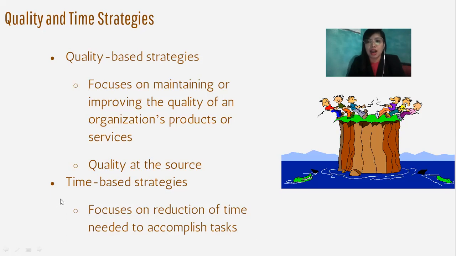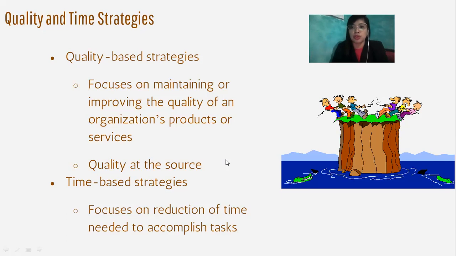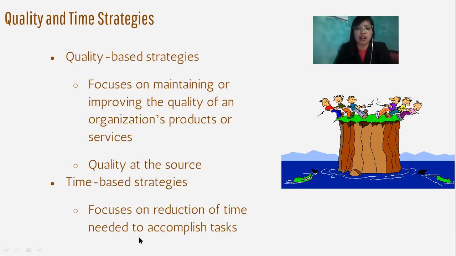Meaning, if the allotted time is reduced, the output will be done in a short period of time, so that the product will be available to customers at the soonest time possible. That will be a competitive advantage compared to your competitors, because your strategy is based on time.